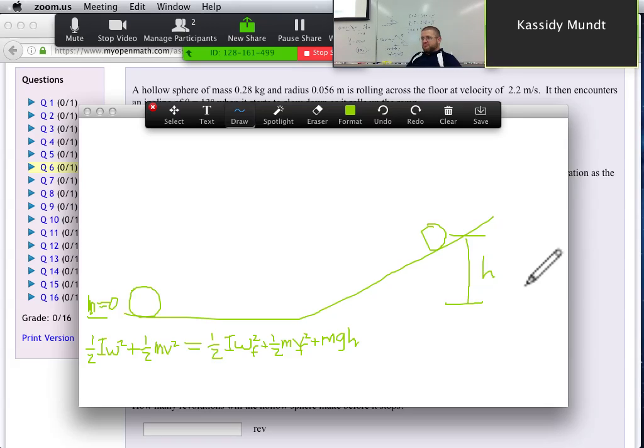Now, again, because it is rolling along this edge and it's not slipping, the v's and the omegas are related. So you can eliminate one variable here. It's always v equals omega r. Remember that omega is measured in angle, which has no units, so it's just per second.